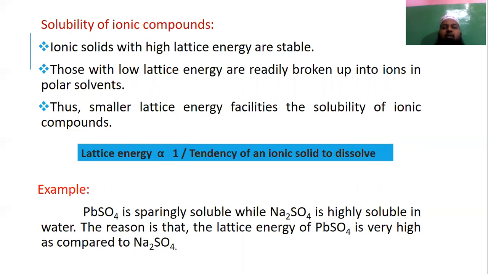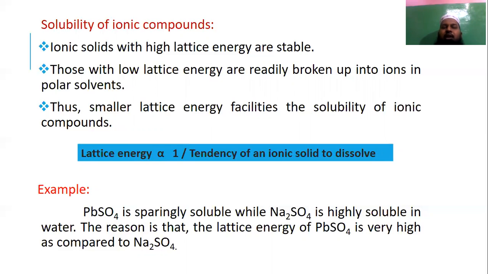Solubility of ionic compounds. Ionic compounds with a high lattice energy are stable, while those with low lattice energy are readily broken up into ions in polar solvents. Lattice energy is inversely proportional to the tendency of an ionic solid to dissolve.